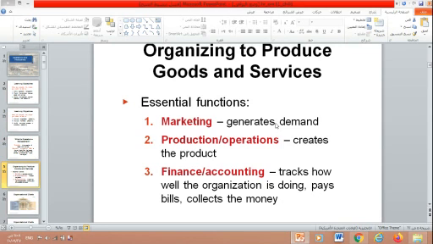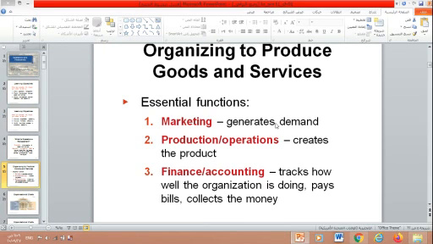In some books you will find that there are 4 main functions, not 3, and in some books more than 4 functions, but in our book they summarize the essential functions in any organization into 3 main functions. The first one is marketing.